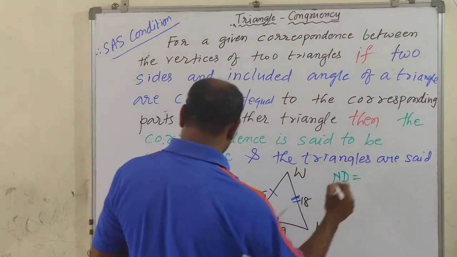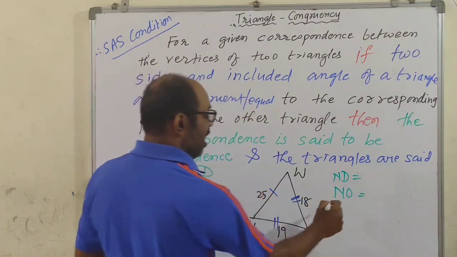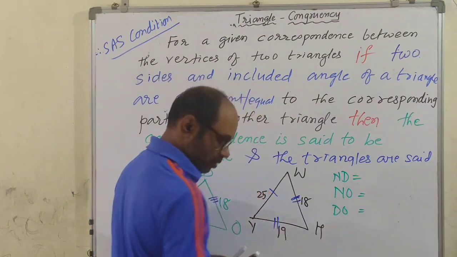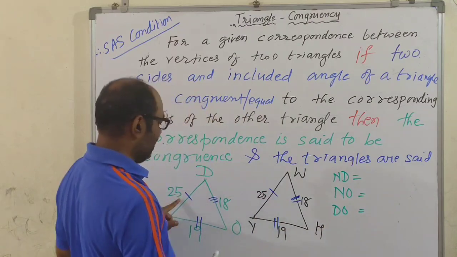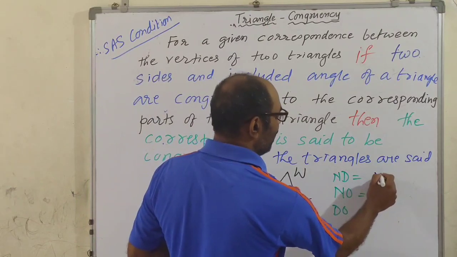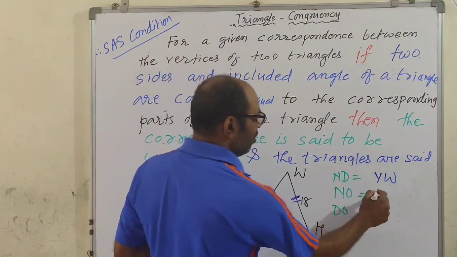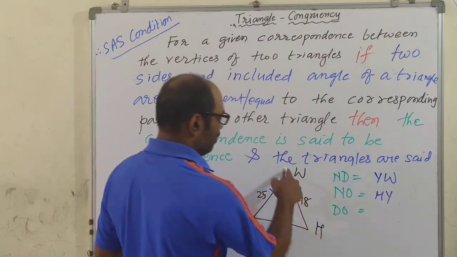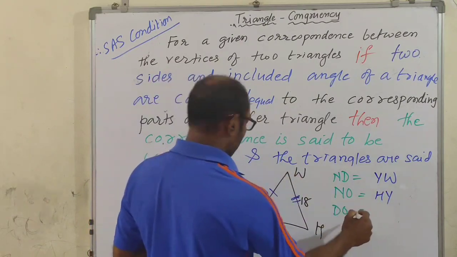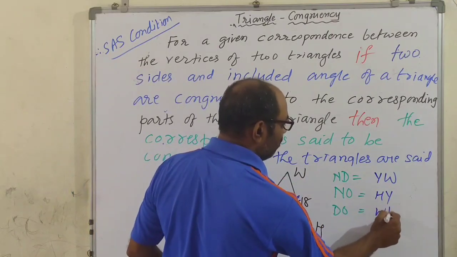ND is equal, NO is equal, and DO is equal. 25 ND and 25 WY, or you may write YW. Then YH, or you may write HY. Then WH, DO, 18, WH, 18. So you may write WH.